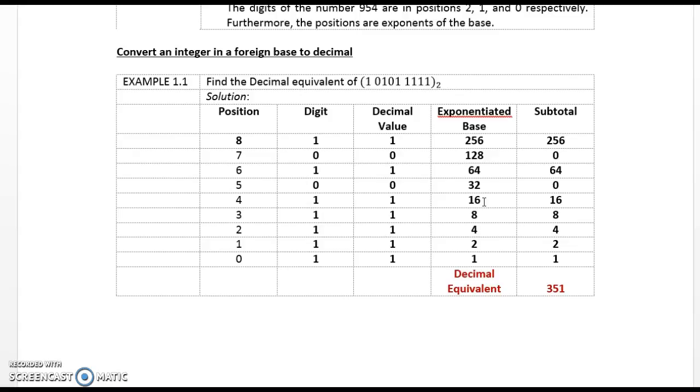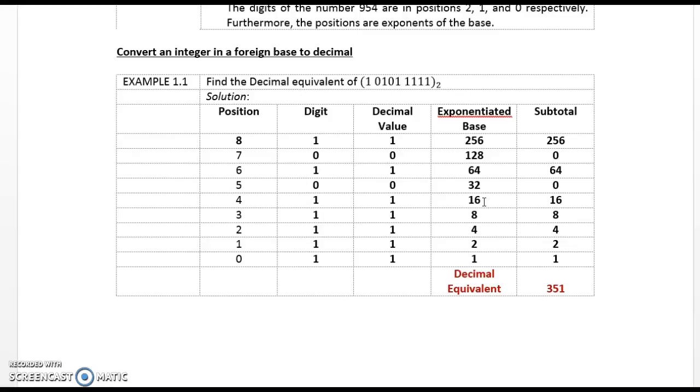In the leftmost column labeled position, I'm going to put the positions starting with the top row and moving down to 0. Then I'm going to put the corresponding digits that are in those positions in the next column and the equivalent decimal value in the next column.